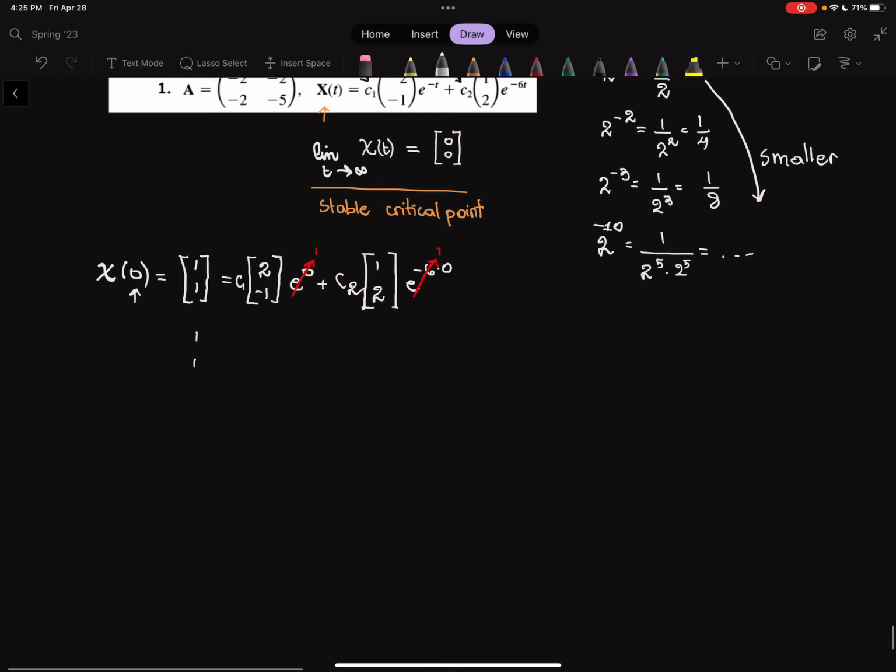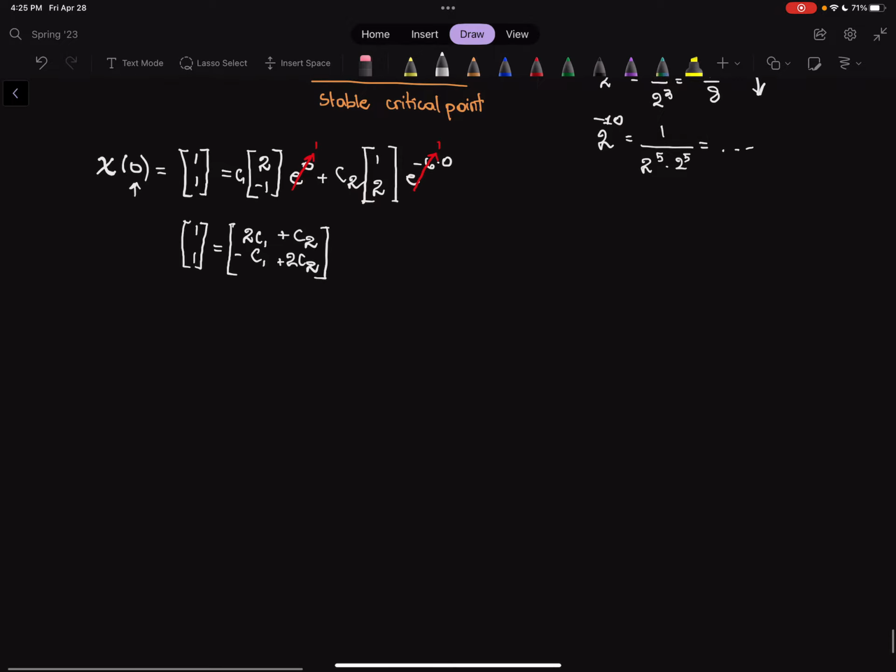So we get 1, 1 here, and this vector equals 2 C sub 1 minus C sub 1 plus, at the top, C sub 2 and plus 2 C sub 2. I just distributed, and I combined two steps because I also added the two vectors together, entry by entry.